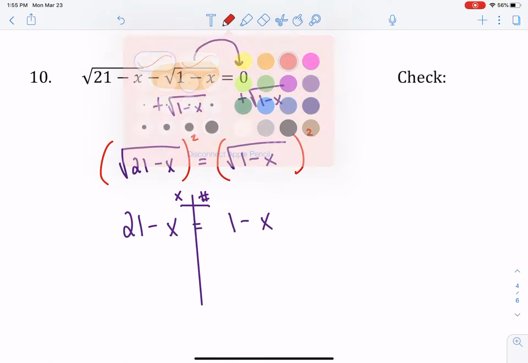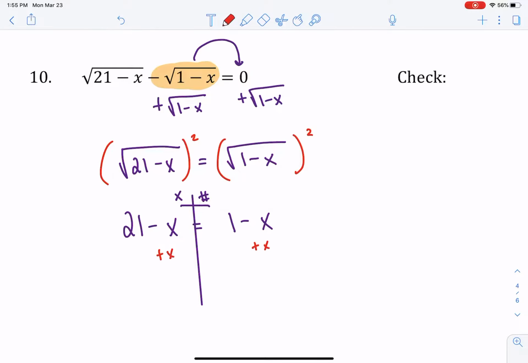So first, we can add x to both sides. And do you guys notice right here, negative 1x plus 1x is actually just 0. So our x's cancel out, and we're left with 21 is equal to 1. Well, that's not true. So this is no solution.